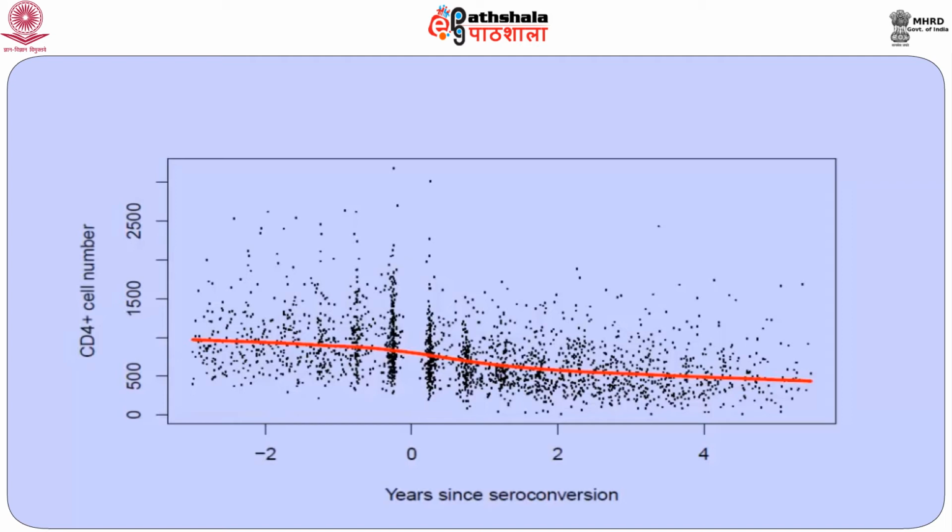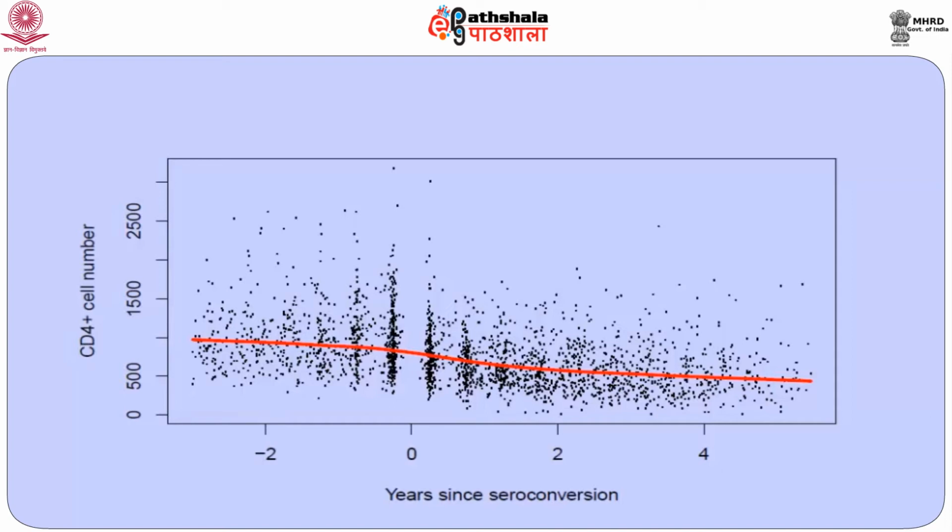pre-seroconversion. Seroconversion means from the instance when the AIDS virus has started to show its symptoms, and they are followed over time. Here we see that there are 2376 observations. So the total number of observations is large, and in general no trend can be seen apparently from the scatter plot.